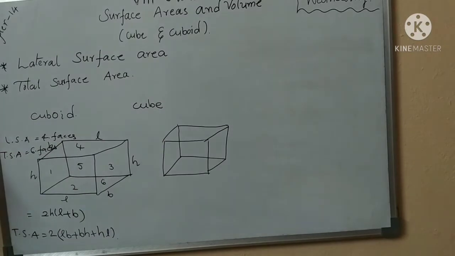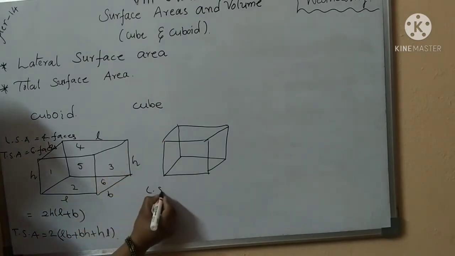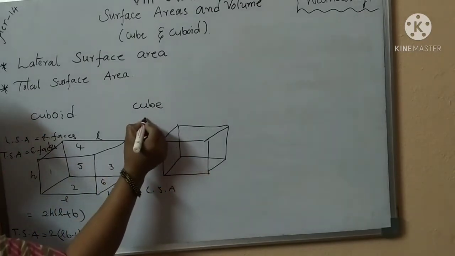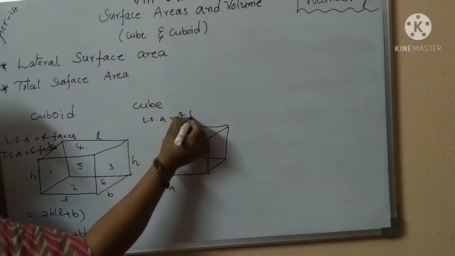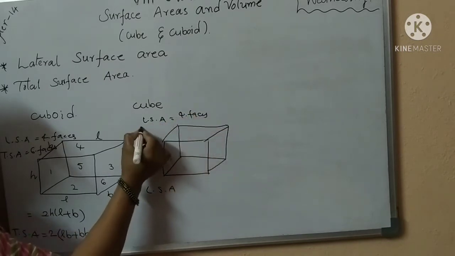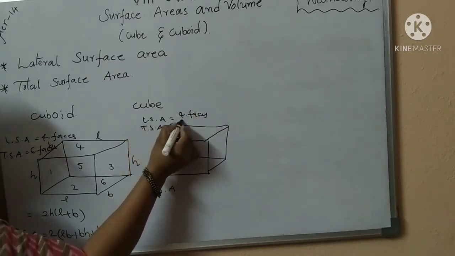Understand, it is a cube. All sides are equal. For lateral surface area, how many faces? Lateral surface area is 4 faces, and the total surface area is 6 faces.